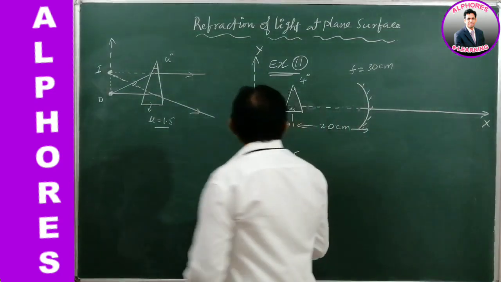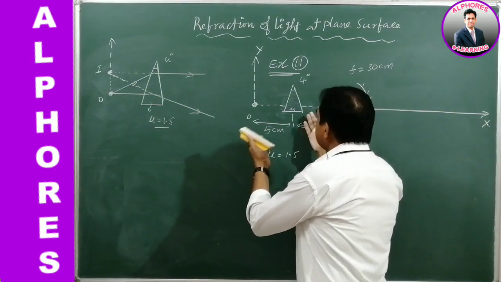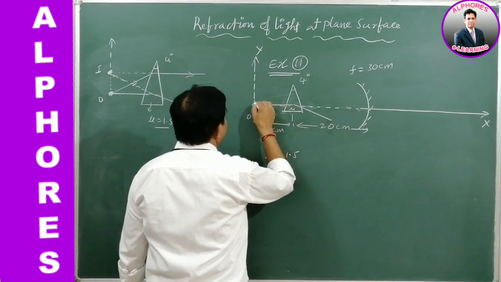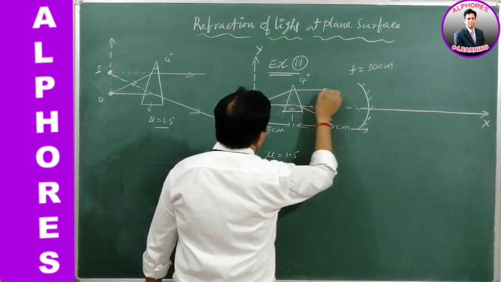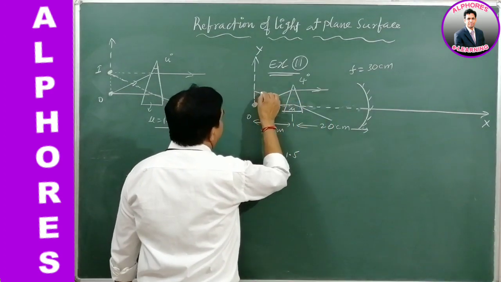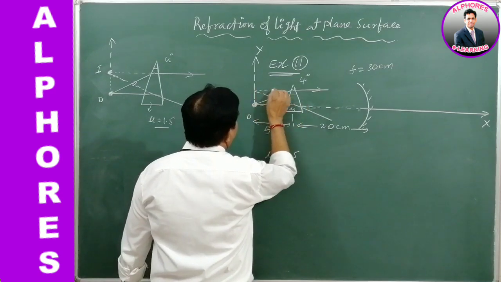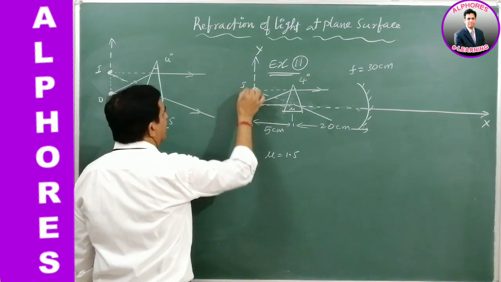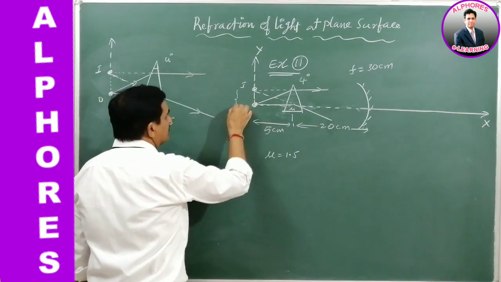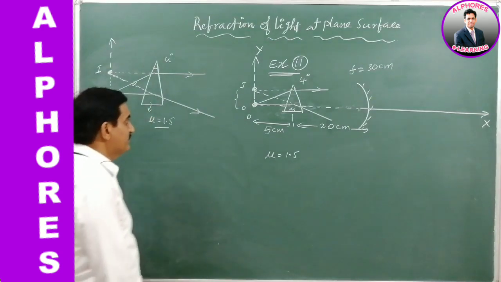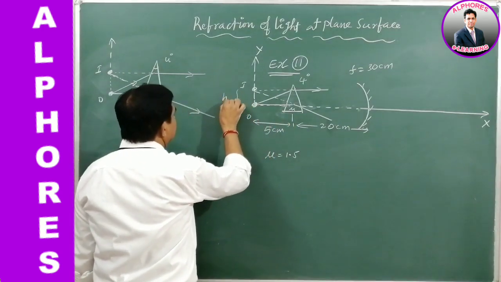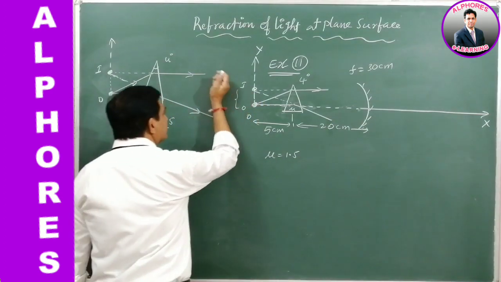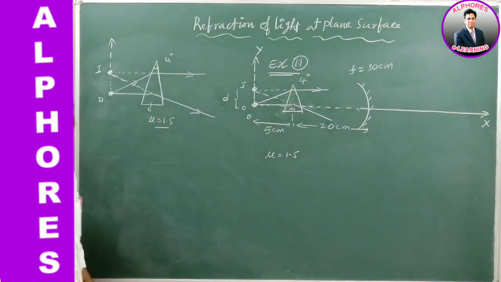Now in this case, we consider the same thing. Here, what is happening? The light is incident on it and undergoes refraction, and one more ray is incident here and undergoes refraction. Then these two are extended back. It gives its image. This is the image and this is the object. This is the height of the image formed. Let it be the height of the object, or otherwise we consider this as D, as you wish.